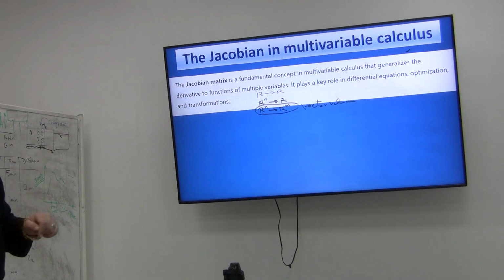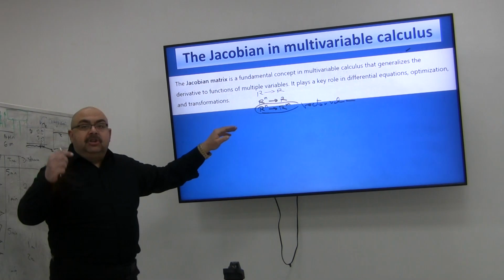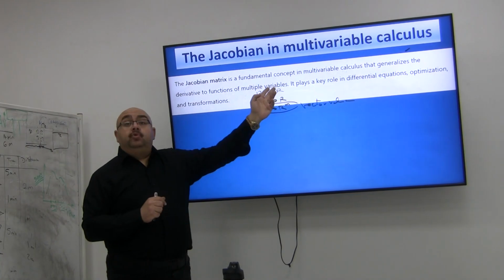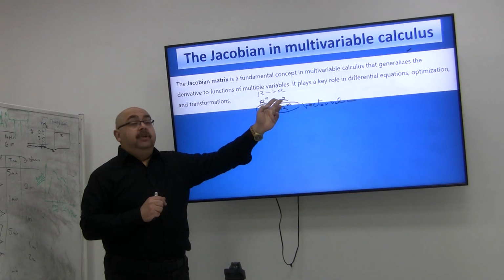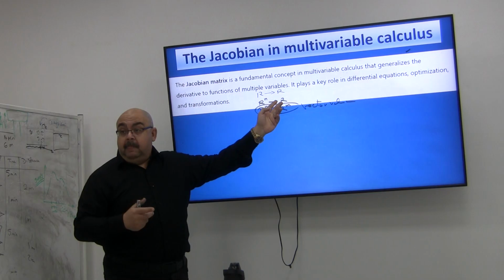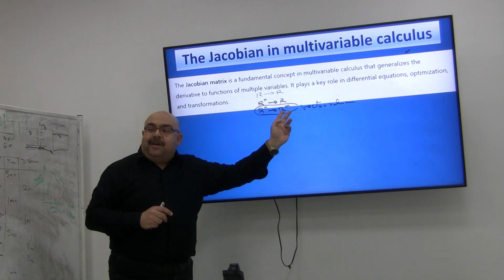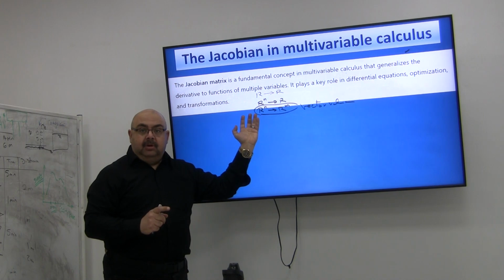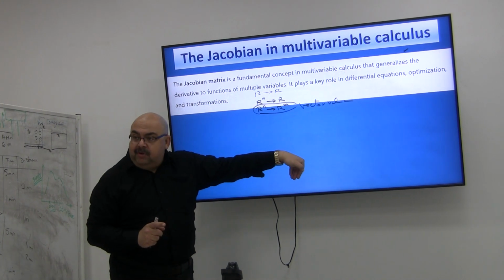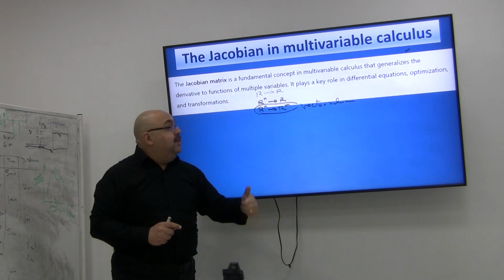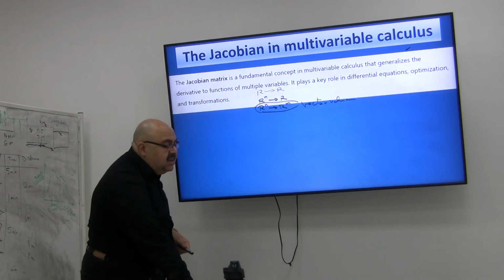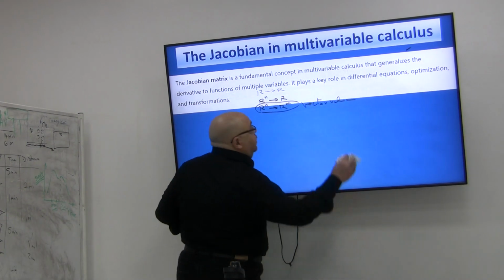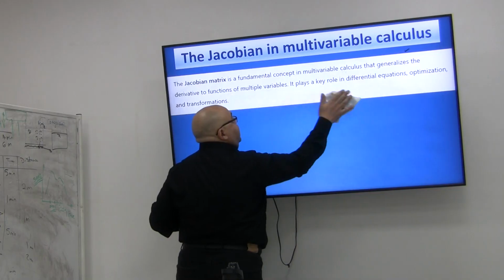We taught this in linear transformations, if you remember, from R into R, from R squared into R, or from Rn into R, from Rn into Rn, which means the input is more than one variable and the output is more than one variable. So in this case, I will see functions where the output is more than one function.